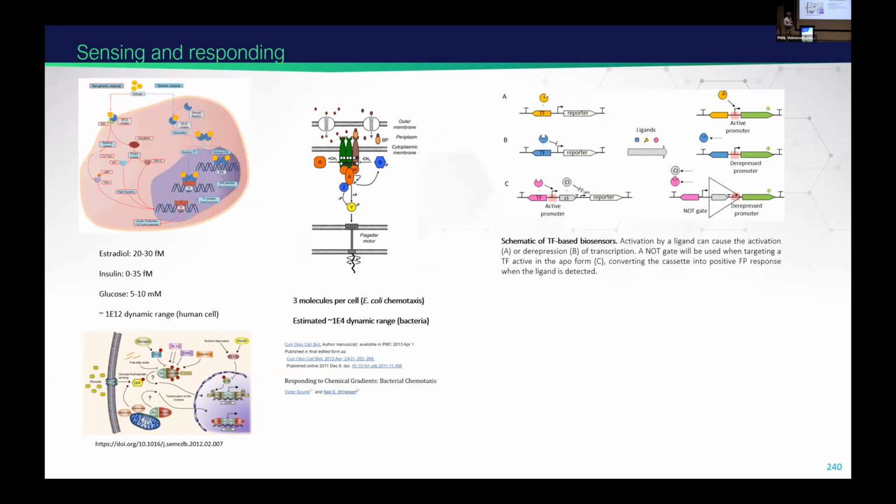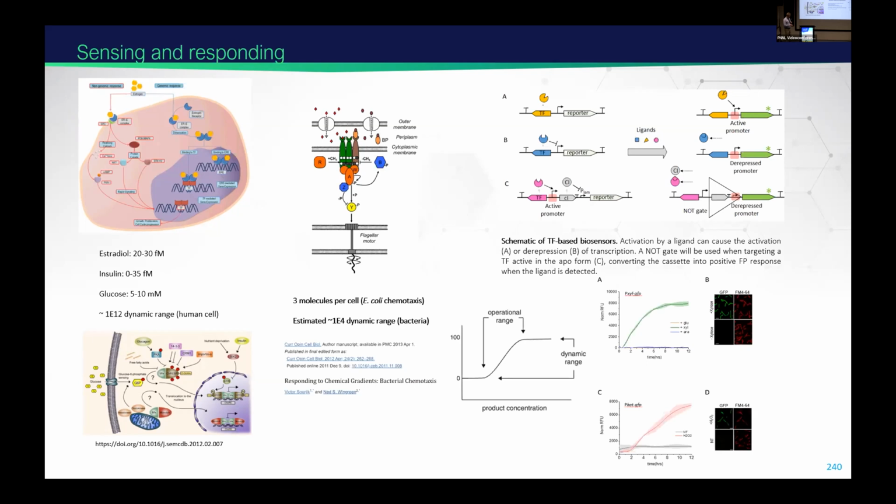And so the goal here is to couple some of these transcription factors to a fluorescent reporter, and then either work with an active or derepressed promoter, or maybe even engineer a NOT gate to turn downregulation into upregulation of the signal.